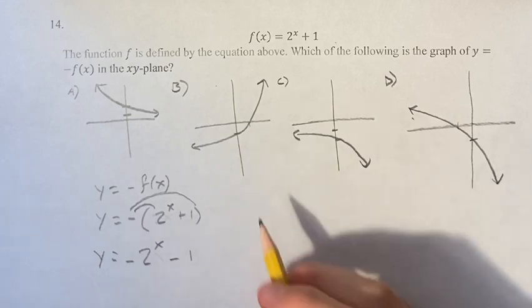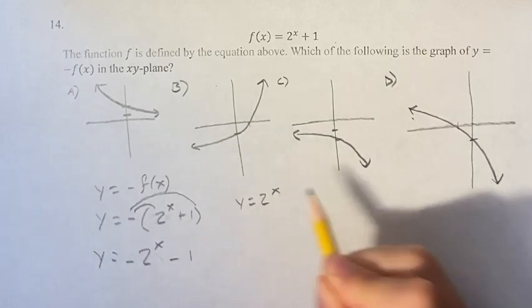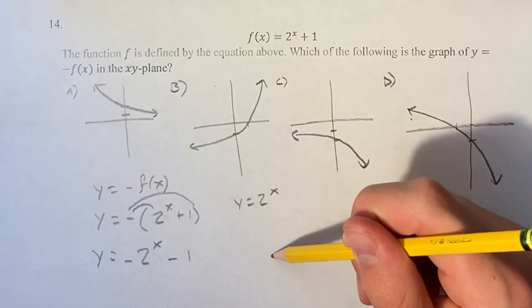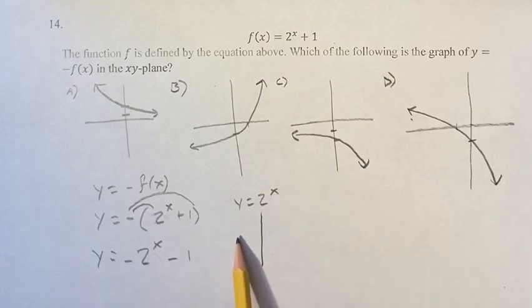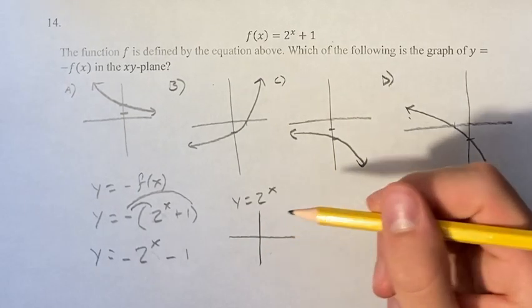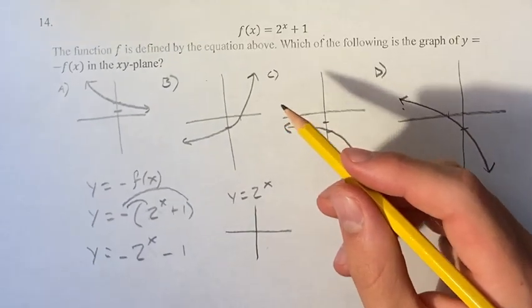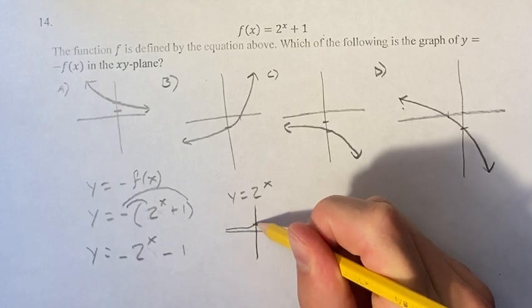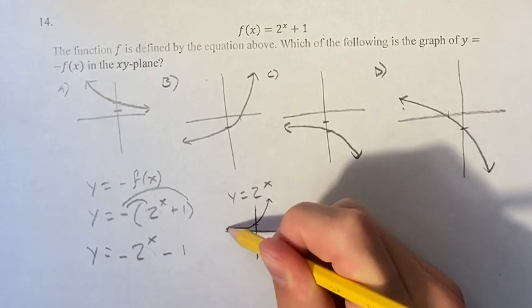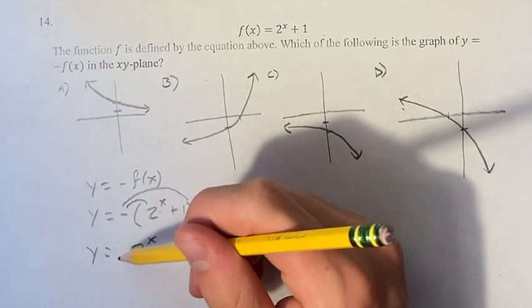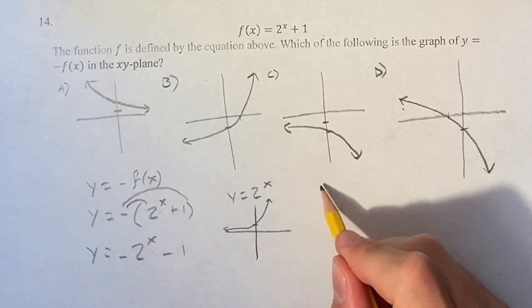So the first thing we're going to do is take y is equal to 2 to the x, and do transformations to it. So firstly, we have this, and these graphs don't have to be big or accurate. We just have to know it's going to be this general shape, and it's going to go through the point 0, 1. That's all you need to know about this graph. Then our first change is going to be y is negative 2 to the x.